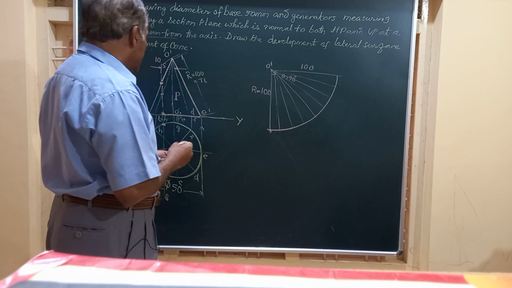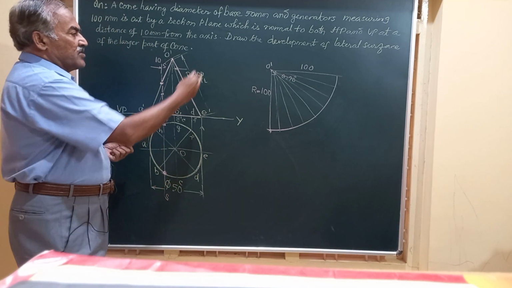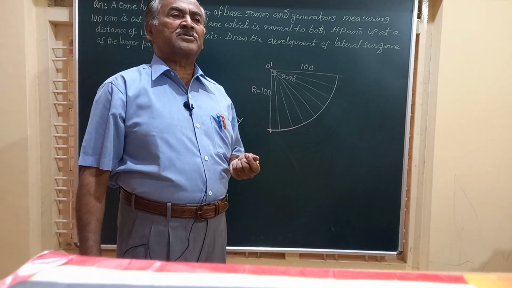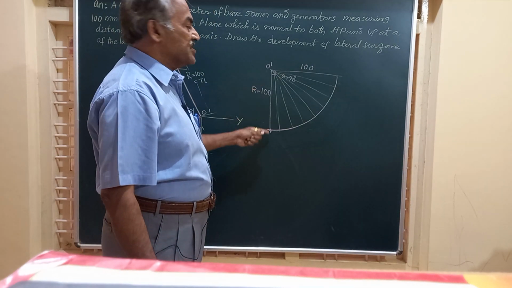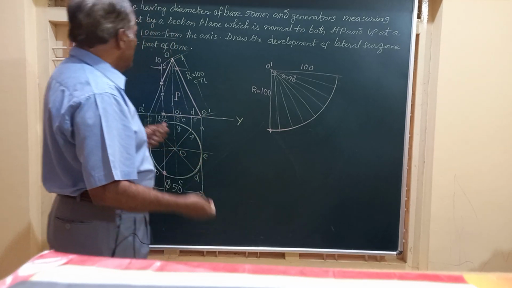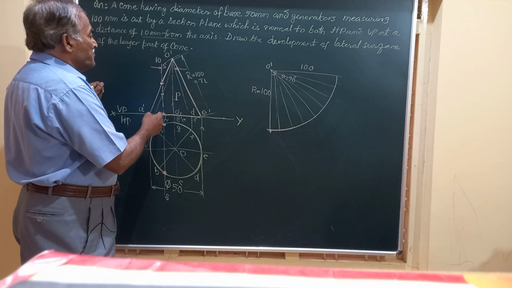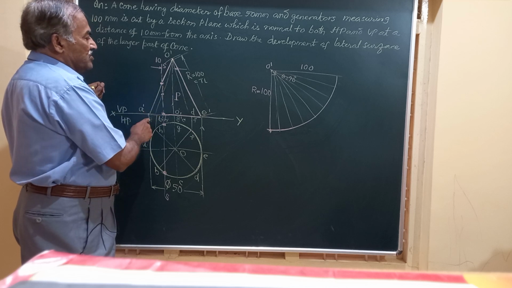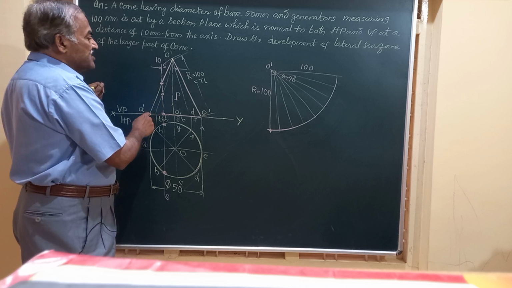So now friends, we have to see from which point on the base the development is to be started, or from which generator it has to be started. If you look at the front view, a part of this O dash A dash is removed and the remaining part is existing.